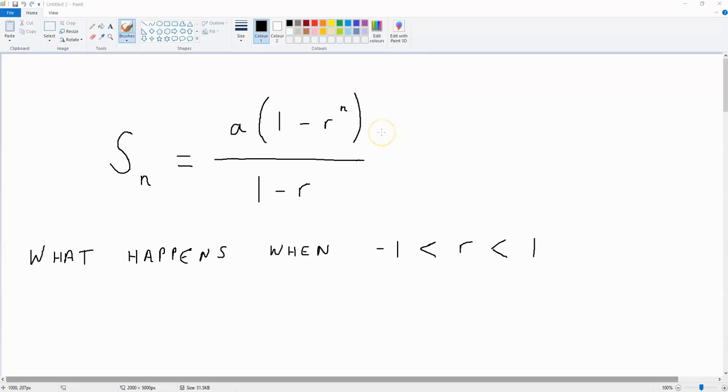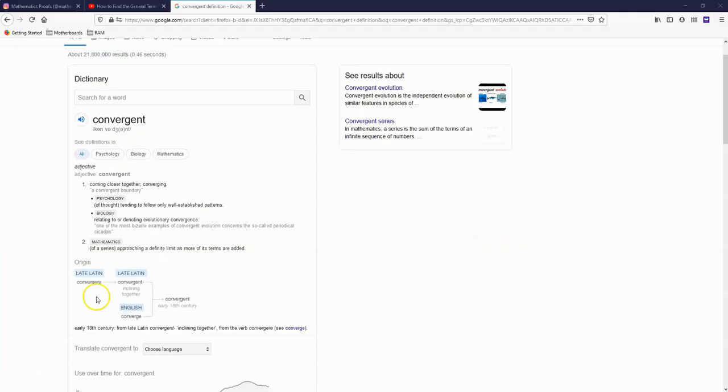Now it turns out that when you have the general rule for the sum of a geometric series, and r is greater than -1 and less than 1, what you end up with is an infinite series which is convergent.